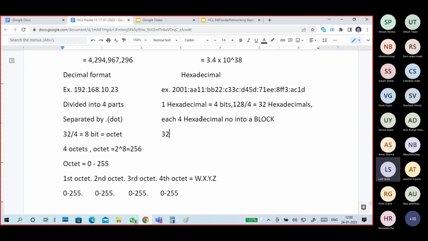So 32 divided by 4, how many? 8 blocks are there. Totally 8 blocks separated by colon.